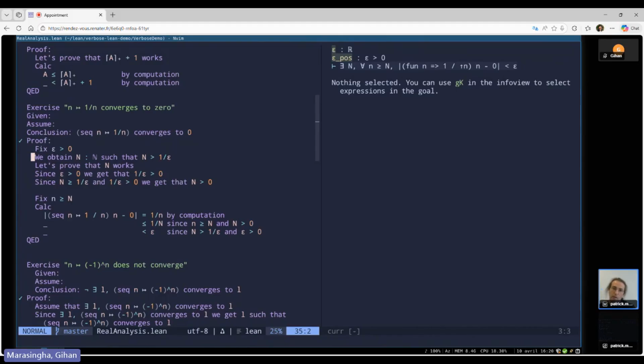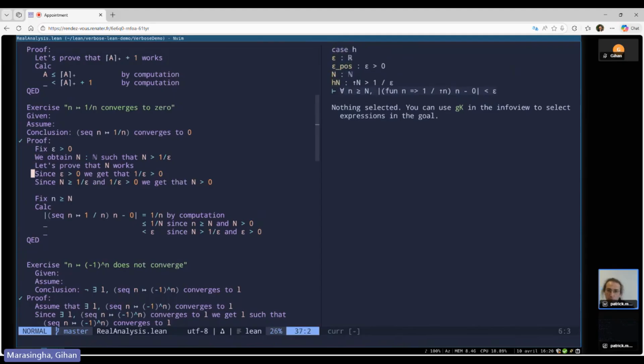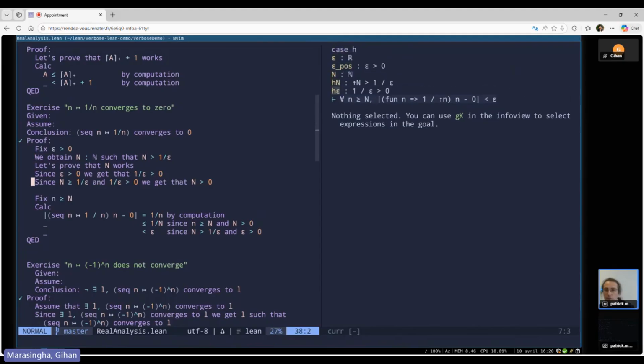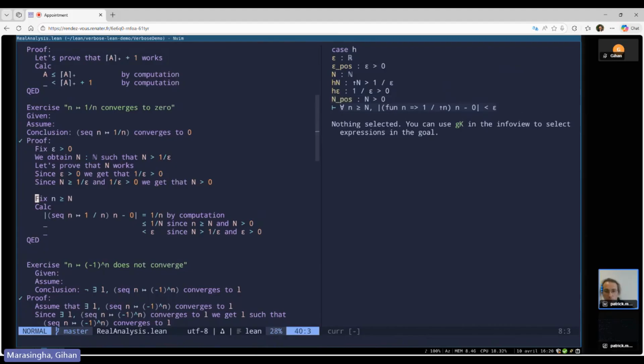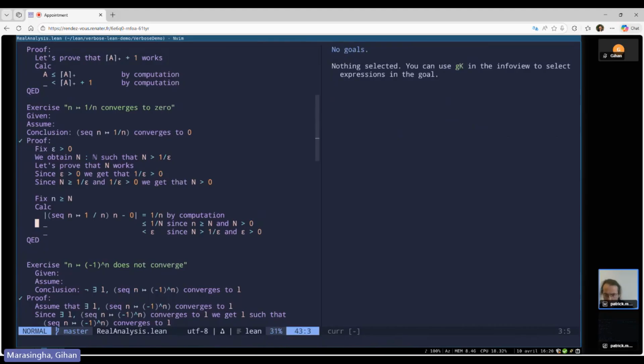So this is using the Archimedean property, which was used, of course, also in the other proof, but was called by name. And then let's prove that N works, and we get the computation: there is one line of computation to get that capital N is positive, and then 3 lines of computation explaining.